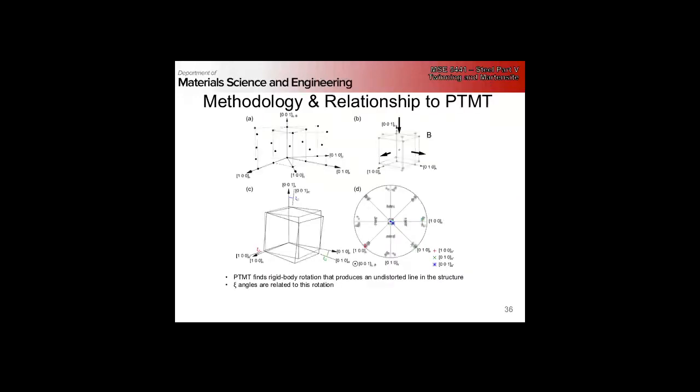So I just want to point out the scale of this. If we go back to our phenomenological theory, we can describe the deviation from the ideal Bain orientation relationship to what we actually measure by a set of three angles, three Euler angles. They describe the rotation between the Bain lattice and the actual measured lattice.